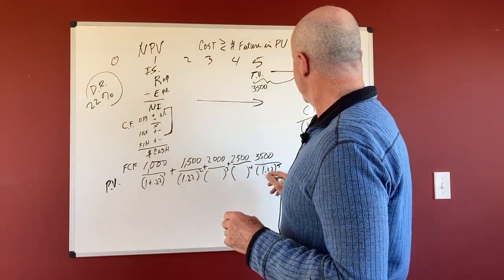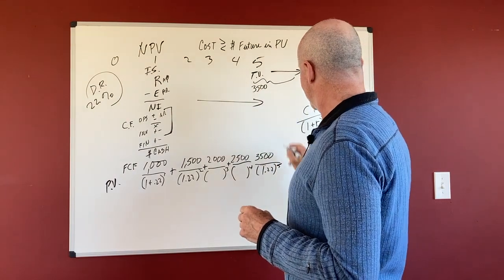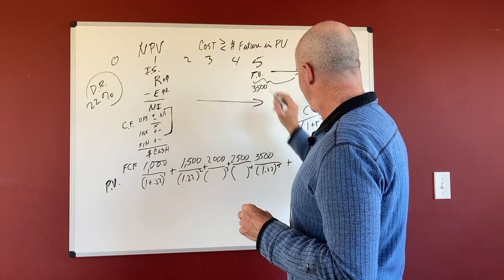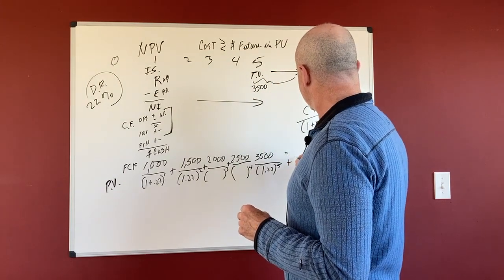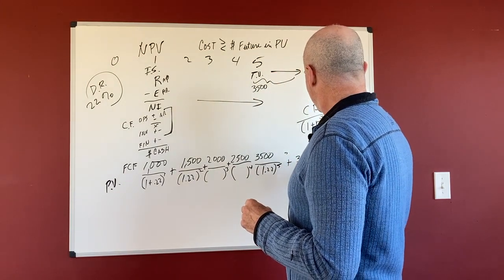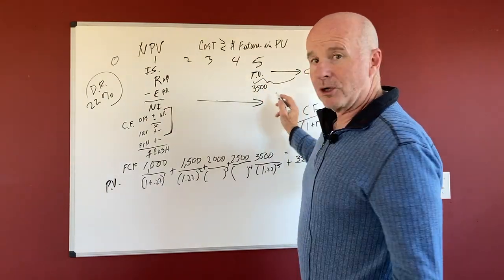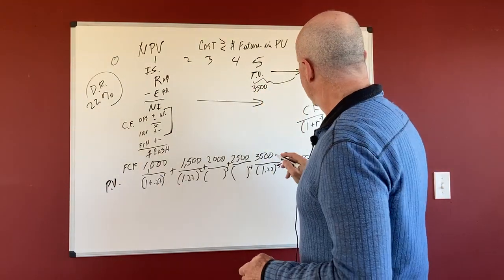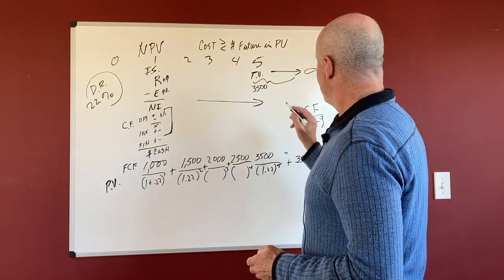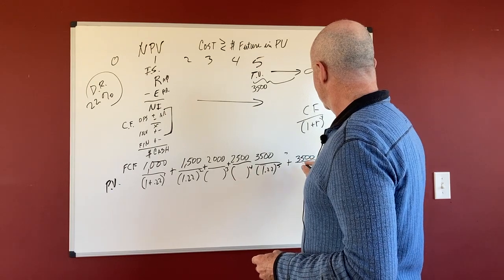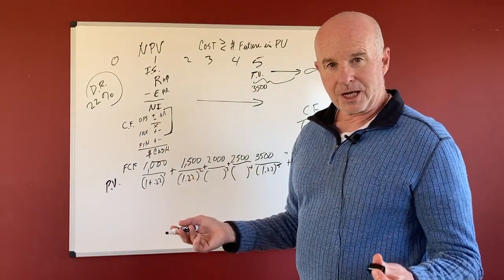So now we have all these, plus we're going to put in a terminal value, right? And the terminal value is going to be another number also in year 5, and that's going to be that 3,500. Now, when you have an income stream in perpetuity, going on forever, right? Then the value of that is whatever that income stream is divided by your discount rate.